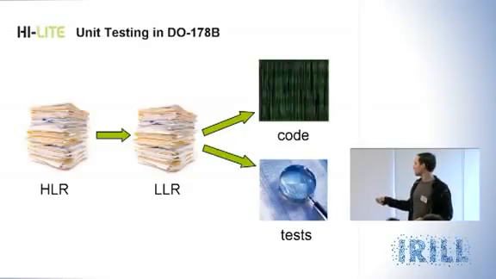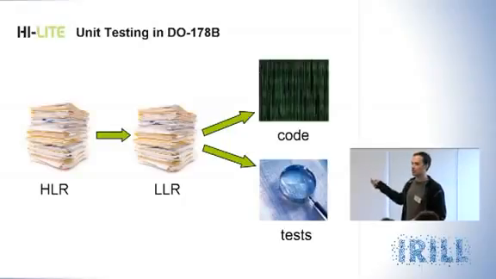And on the other side, you can extract unit tests, which are going to implement the requirements-based testing, so that at the end you can exercise the tests against the code and check that the coding phase didn't introduce any errors with respect to your requirements. And of course, this is a quite heavy process, quite costly.